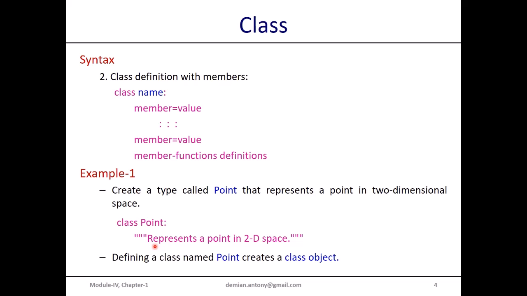It specifies this class represents 2D space. And by writing the class point, memory is allocated to this class called point. That's why we call this a class object.